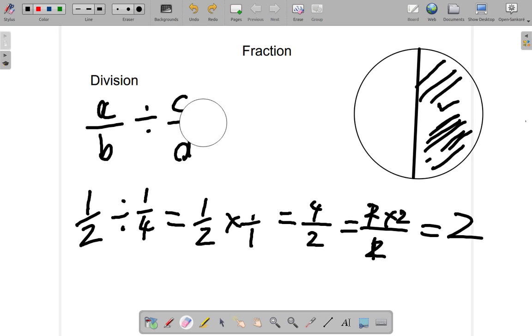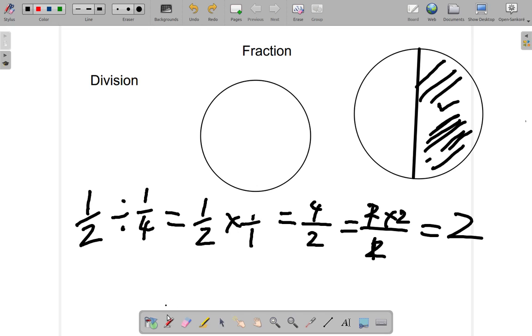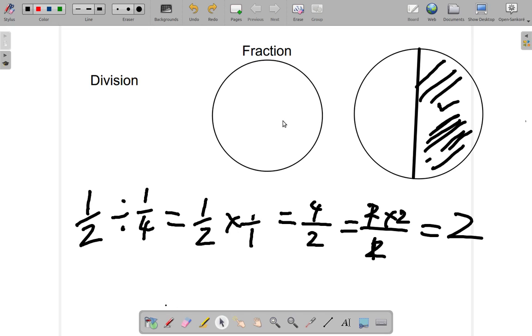You want to make this a quarter of something, what would you have to do? Let's erase this. What you would have to do is this. Well, I wanted them to be the same size, but anyway, to make this a quarter of something, I need 4 of them.